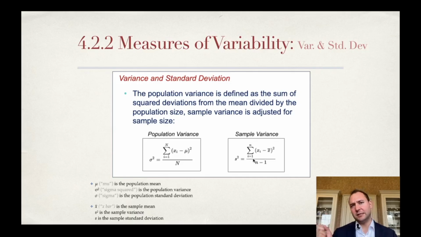It also gives a slightly bigger weight to some extreme values. So on top of this equation, we have the sum of the squared difference of each individual value from the mean. On the bottom, we have the sample size adjusted minus 1.